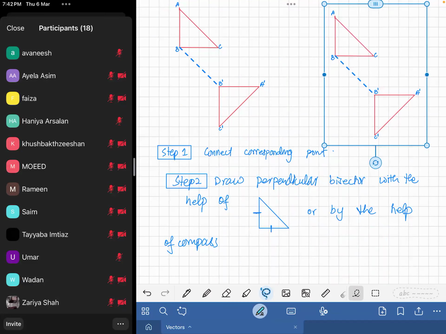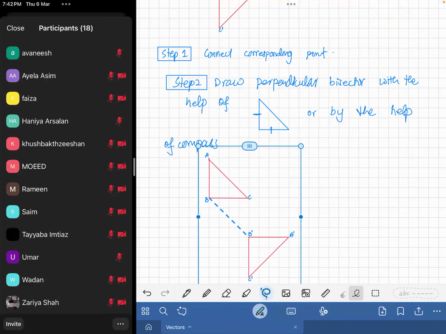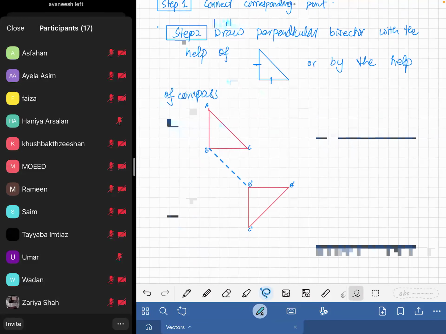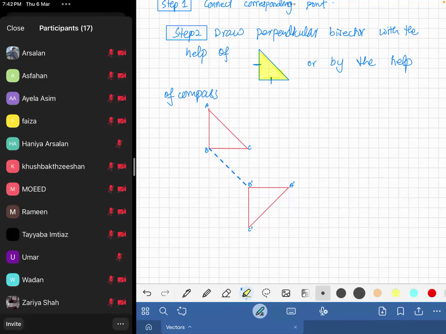Wait a minute. Draw perpendicular bisector with the help of this thing in your geometry box, which is called the set square. Now you can see one thing that I tried to draw this square in front of you in an isosceles manner because two lengths should be the same.